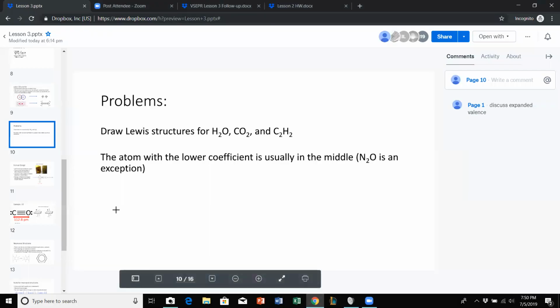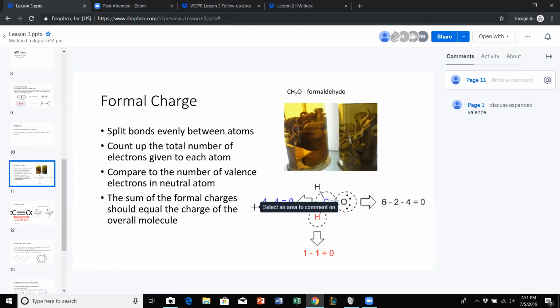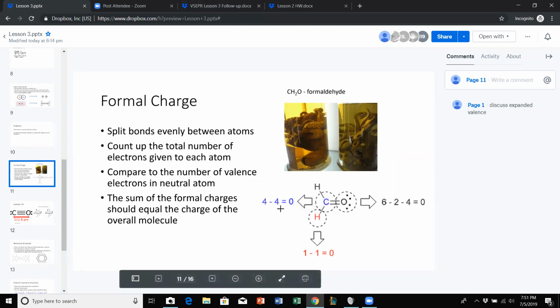So now let's talk about formal charge. Here's the procedure for generating your formal charges. You take these bonds and you split them evenly between the atoms that form the bond. Then you count up the total number of electrons that each atom has.